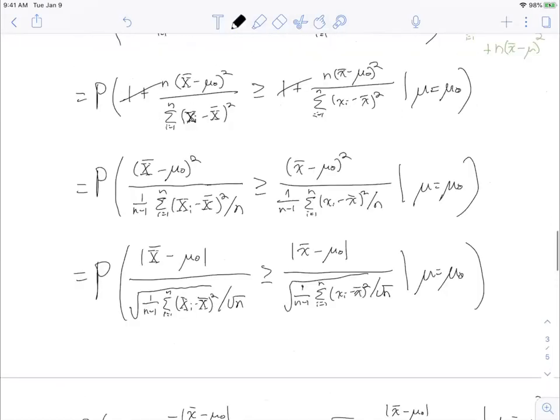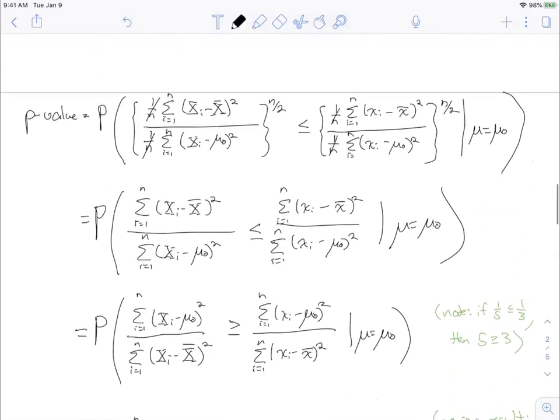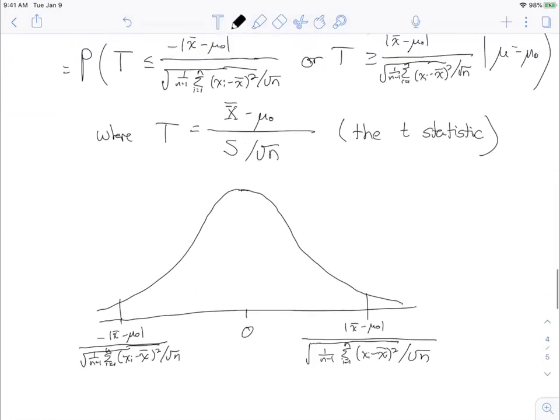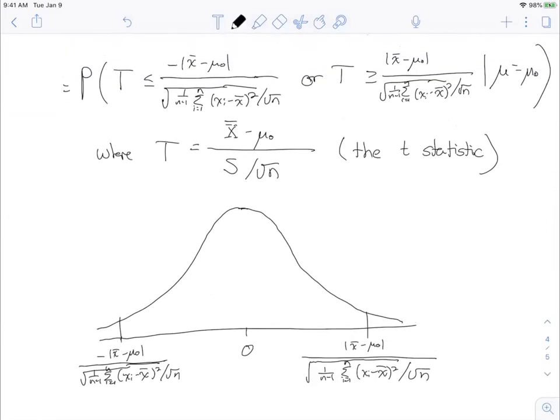Remember this whole thing, the t-test, was a calculation of the p-value for this test. And what we've shown is that the p-value is based on a t-distribution. This curve is the PDF for the t-statistic, which has a t distribution with n-1 degrees of freedom.